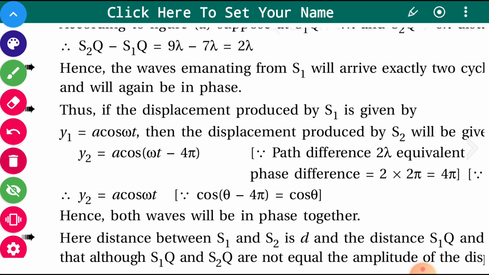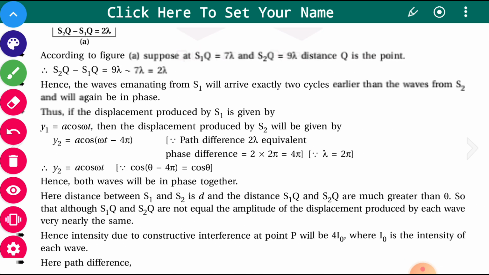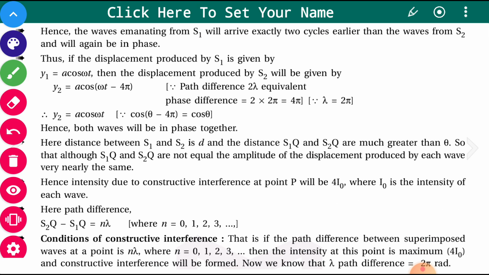So y2 will also be a cos omega t. Now both the waves will be in phase together again. So the phase at Q for the first wave is omega t.